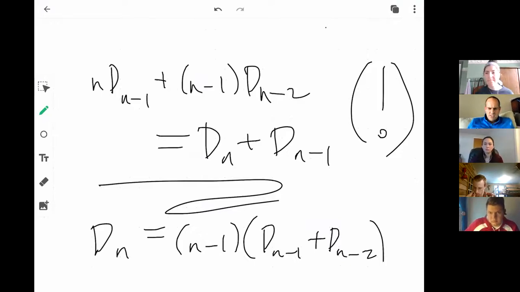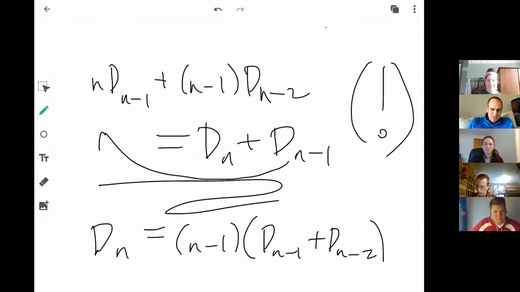Isn't that equivalent to this thing up here? If I moved dn minus 1 over to there, how many dn minus 1s would I have left over? I had n dn minus 1s, and I subtract 1 over, aren't I going to have n minus 1 times dn minus 1?